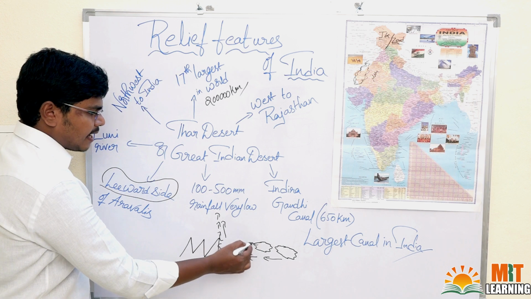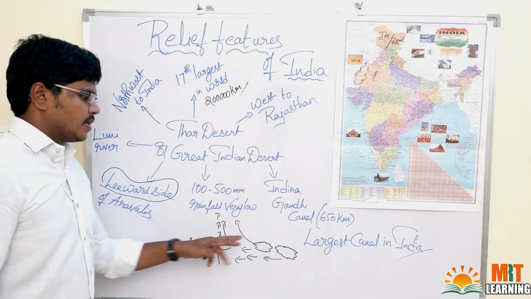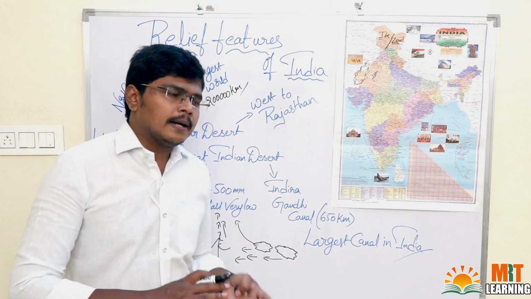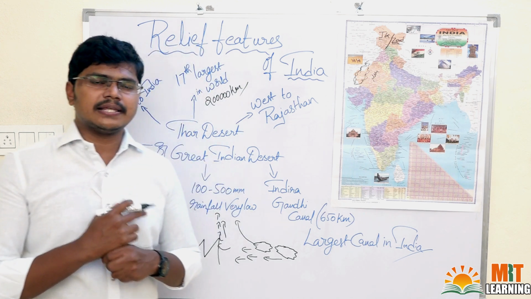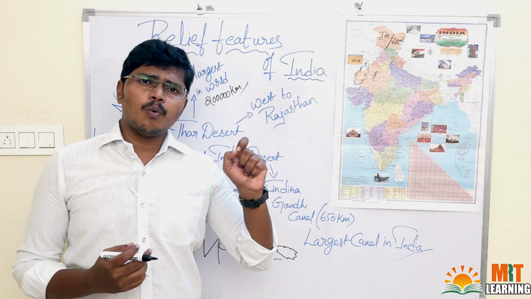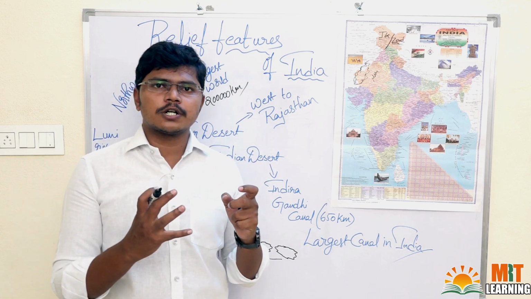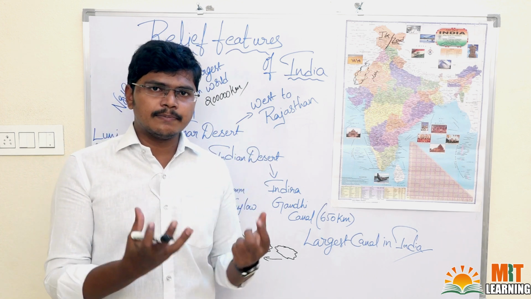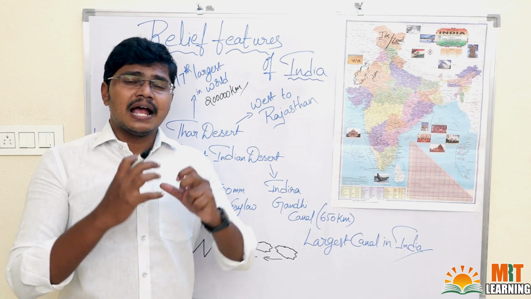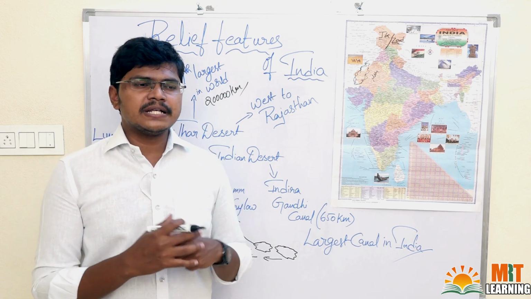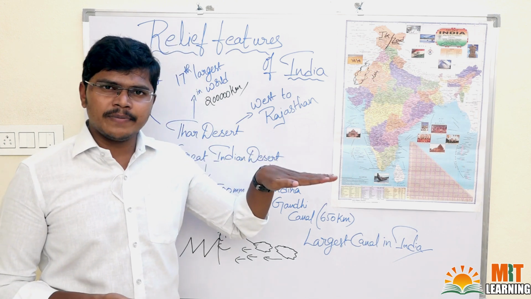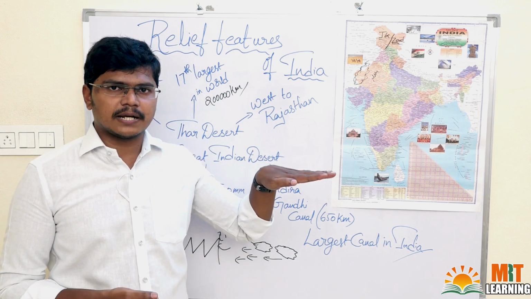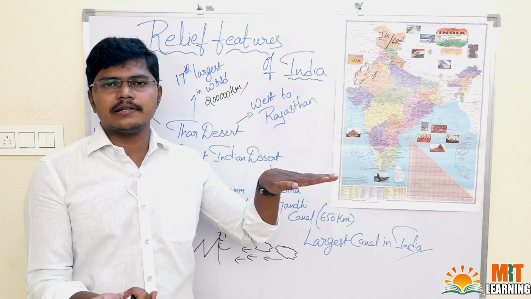Clouds also travel upwards. So when clouds are moving to high elevation, the small water droplets become big water droplets, and the clouds are unable to bear those water droplets, and they start bursting. That means they start giving rainfall. So with a nominal height, clouds can't burst. That means clouds can't give rainfall.